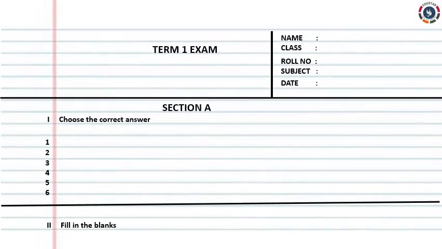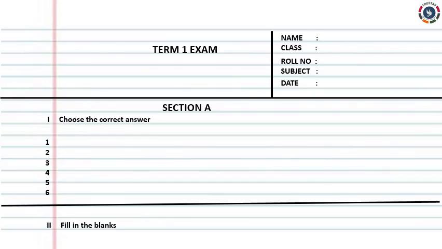Now I am going to tell you how to present your answer sheet. Write your name, class, roll number, subject, date on the right side of your paper. Then in the middle write Term 1 exam. Then draw one line. Write section A, Roman letter 1, choose the correct answer, and write only the answer.